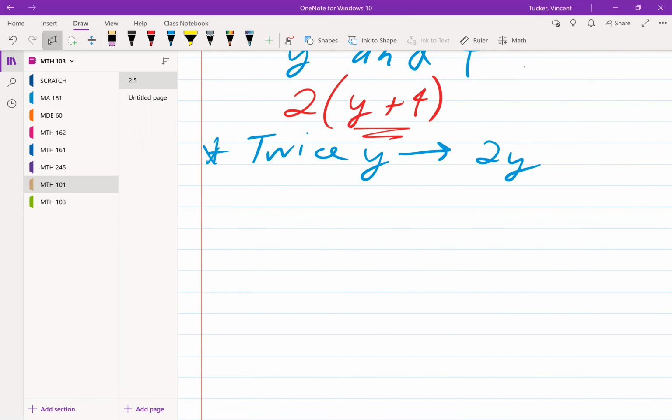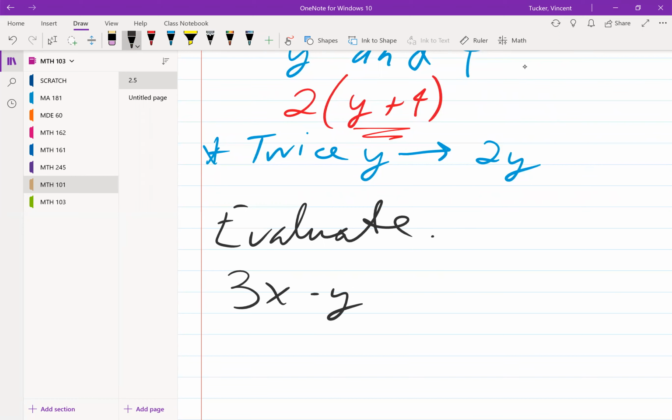All right, last thing in this section that they talk about: when you evaluate. They give you an expression, 3x minus y, and they want you to substitute in values, 7 for x and -3 for y.